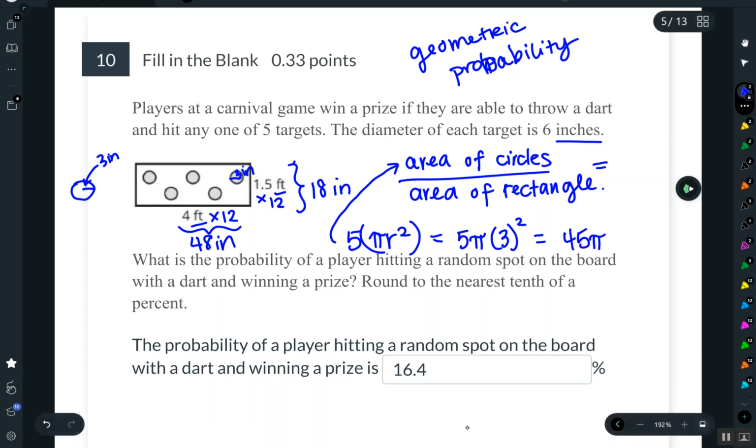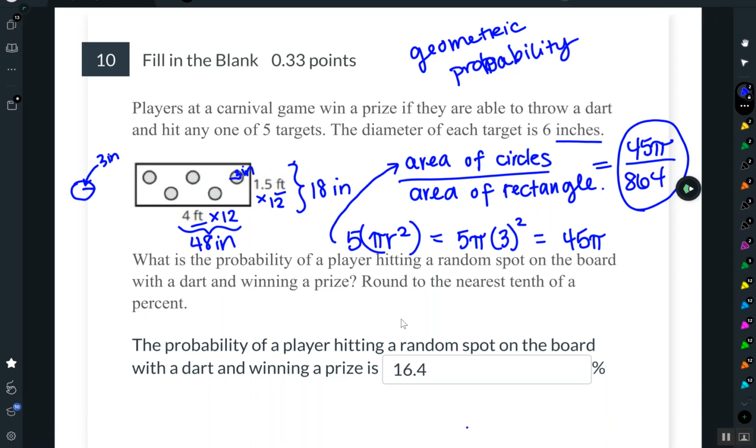Okay, so there's my numerator. I'll plug it into a calculator in a second. And then the area of the rectangle is just length times width, which is 48 times 18, which is 864. Now I'm going to put this into a calculator to divide it, and that's going to give me a percentage.